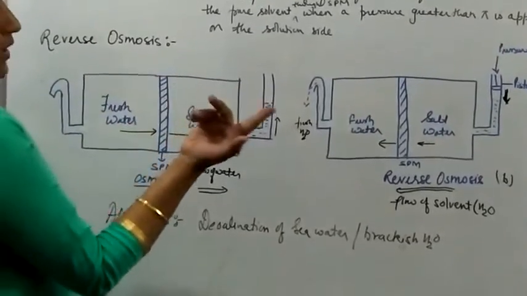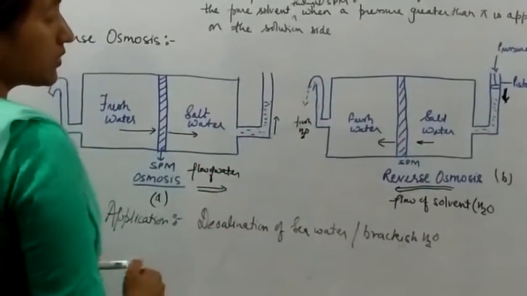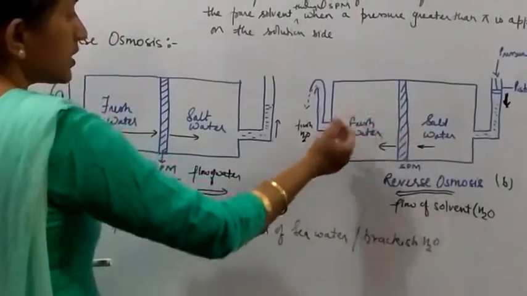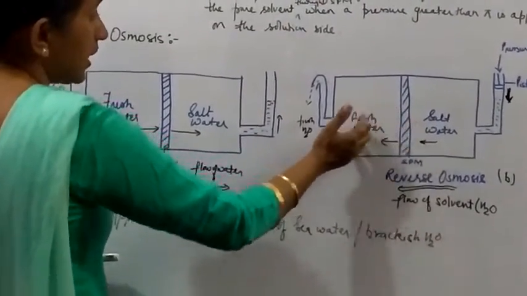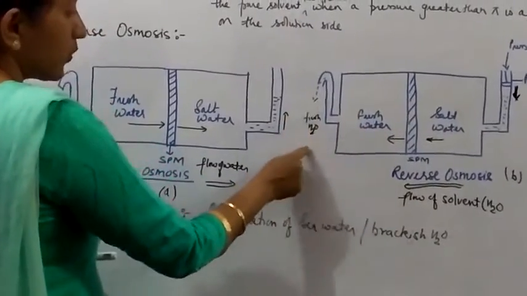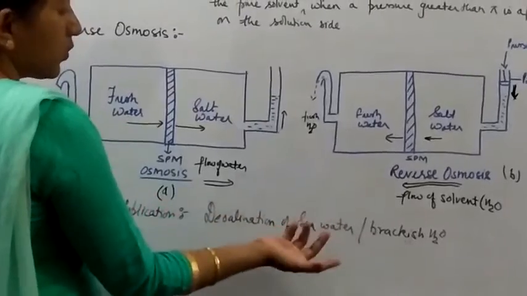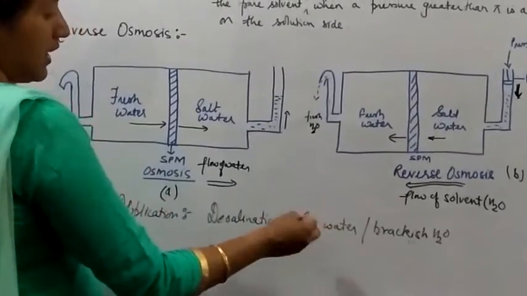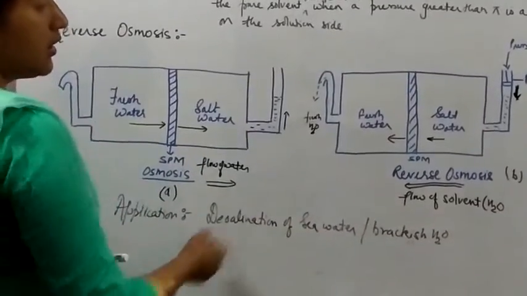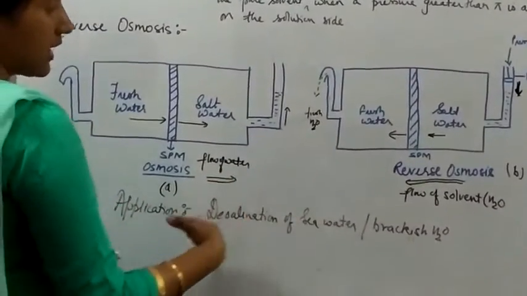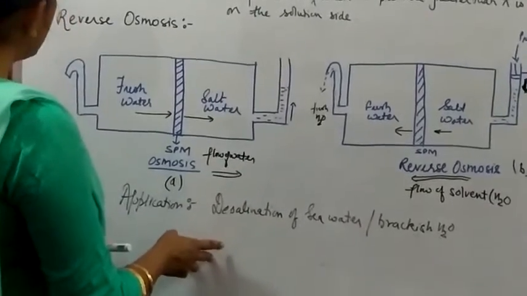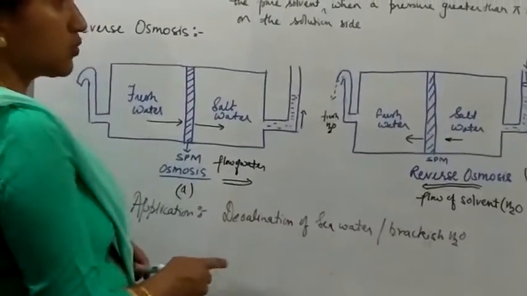When a pressure greater than the osmotic pressure is applied, we get pure water extracted from the seawater because of reverse osmosis. And brackish water, which has mud and water mixed up, from there also we can get fresh water extracted out. This is the practical application of reverse osmosis.